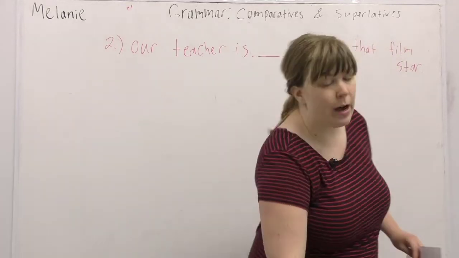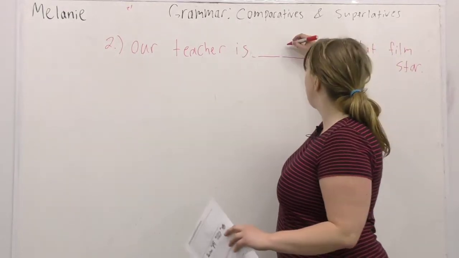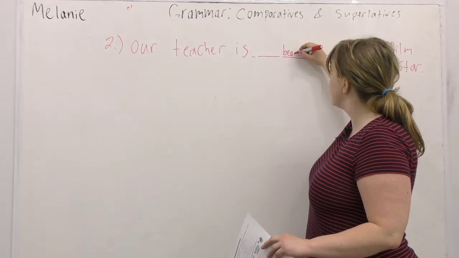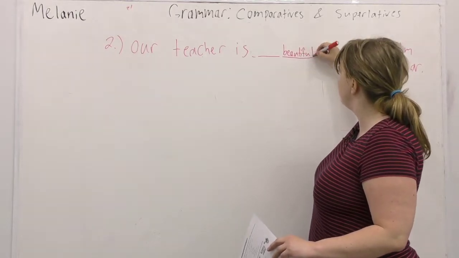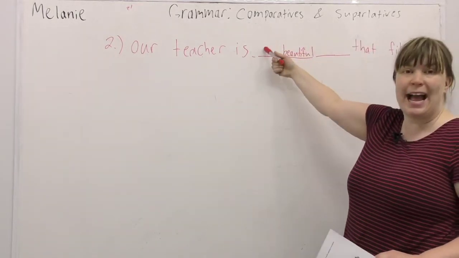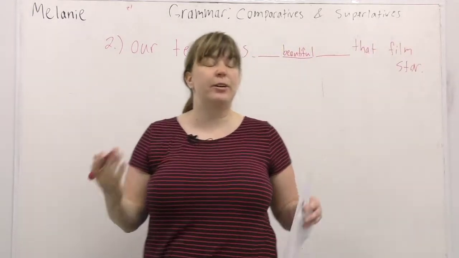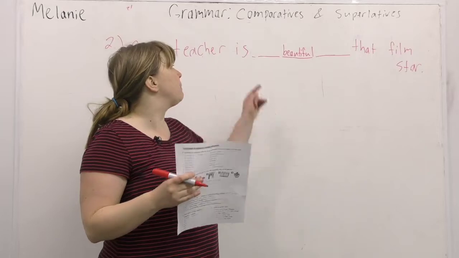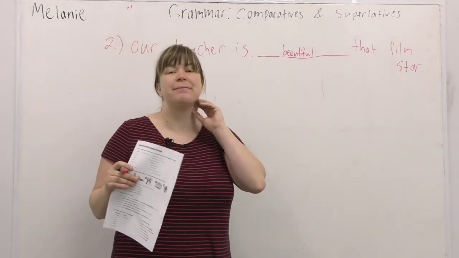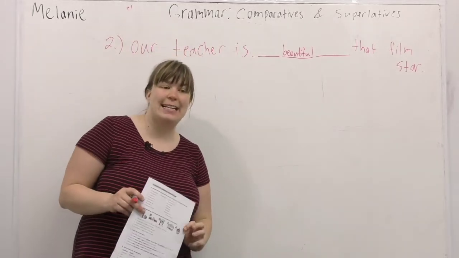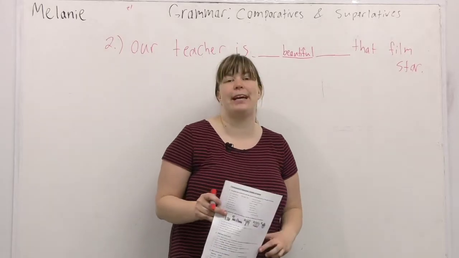Okay, so I'm going to give you guys some hints. I'm going to put beautiful in the middle. So we're not going to change beautiful, but there's one thing we have to add here and one thing we add at the end. What could it be for a comparative sentence? Any guesses? Any thoughts out there?